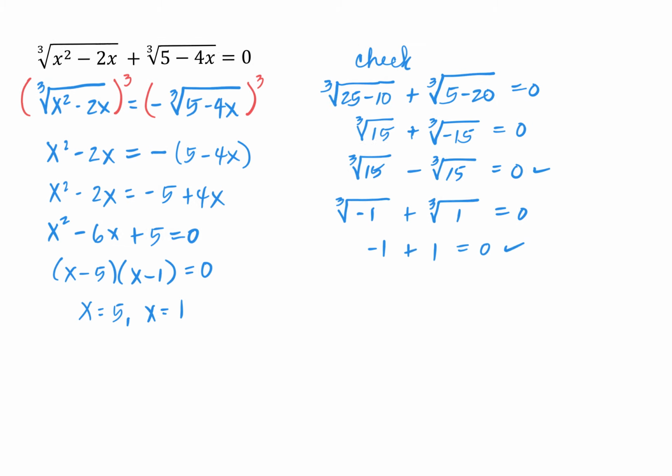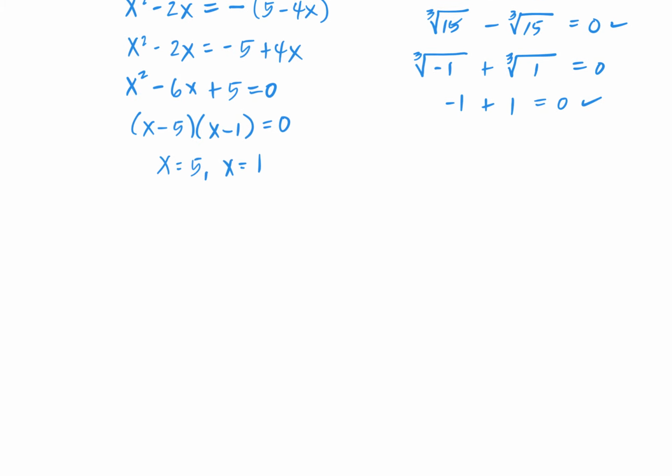Checks out. In this particular case, both of these solutions work. And I don't know if you notice this, if the root is odd, like a cube root, typically the solutions will work out, but if you have even roots, square root, fourth root, and so on, oftentimes the solutions do not work out.